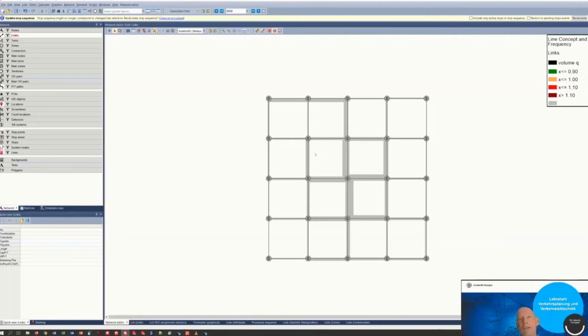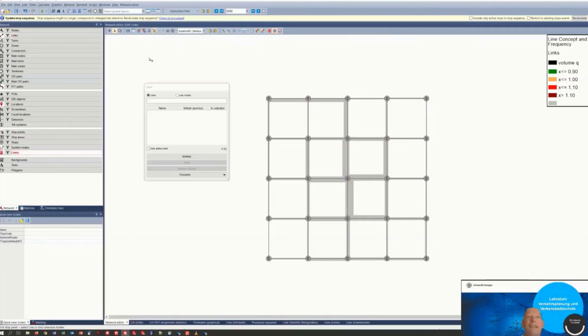This is just assuming people travel by taxi. So I get some idea that I probably don't need a line route somewhere here at the edges, but I have something around this city center and maybe up here. With that and with my local knowledge, I would now start creating lines.